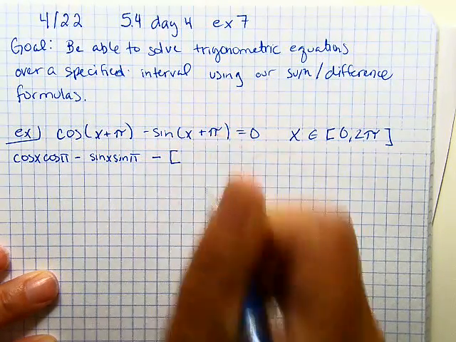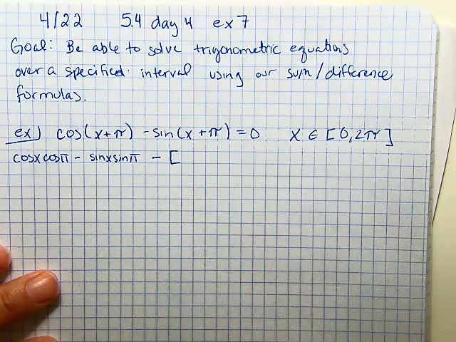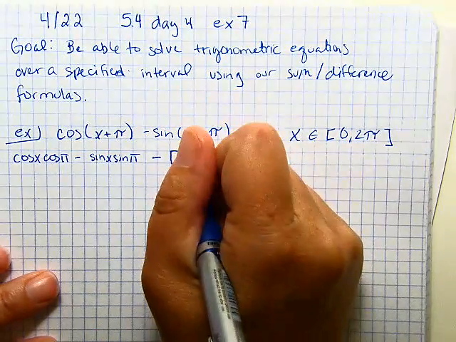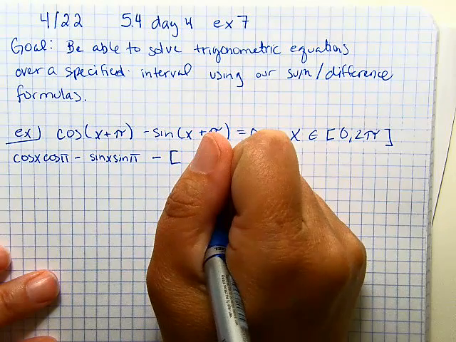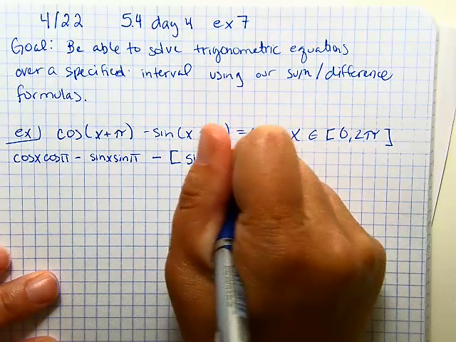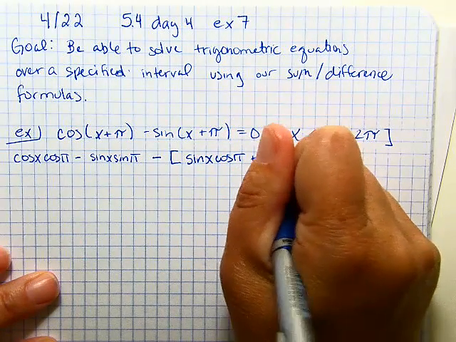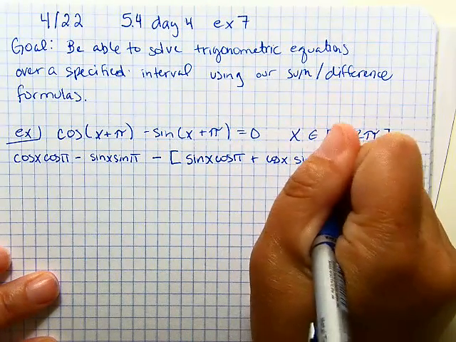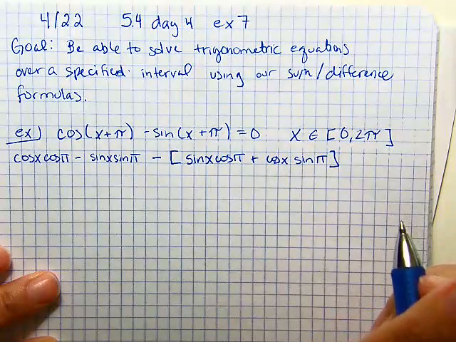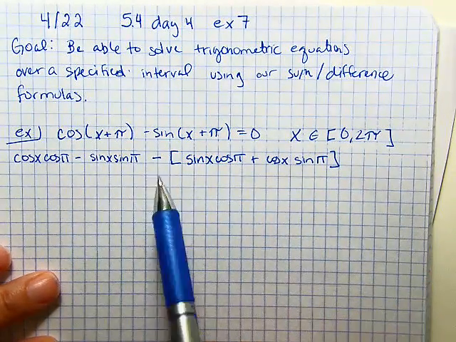And then we're going to do the sine one. And I'm going to put a subtraction sign here and parentheses so we get that. And sine is different but the same. So this is sine x cosine pi plus cosine x sine pi. And then I'm going to distribute this negative through.